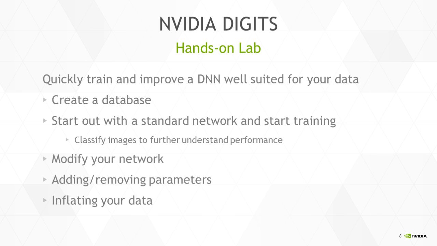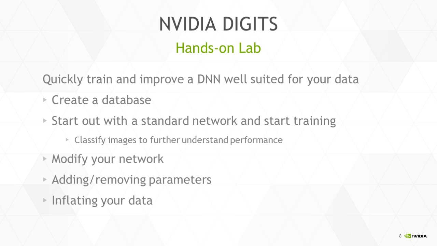Okay, so I'm going to talk about the hands-on lab, and I'll talk about Digits. And as I talk about Digits, this is a guide for how you will go through the lab. So you can use this as a reference documentation, as PDF for reference while you're going through the lab. So I'm going to talk about quickly training and improving your deep neural network well suited for your data.